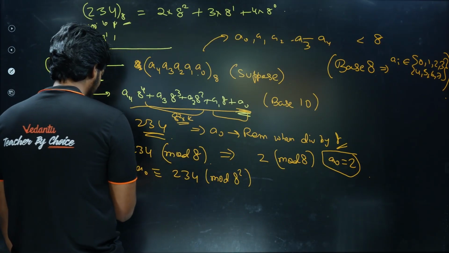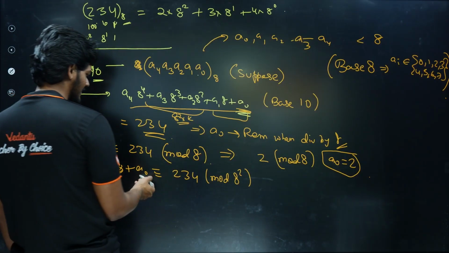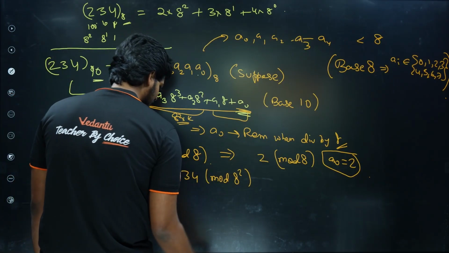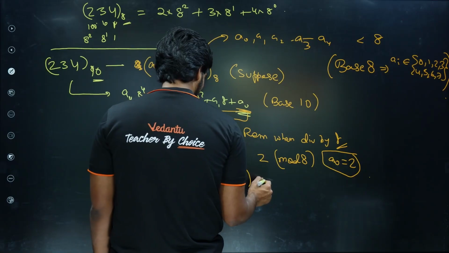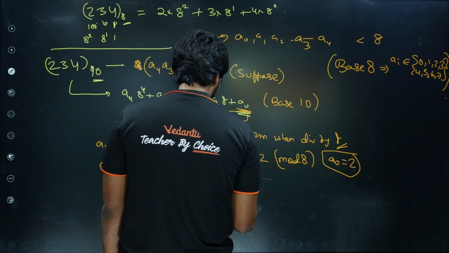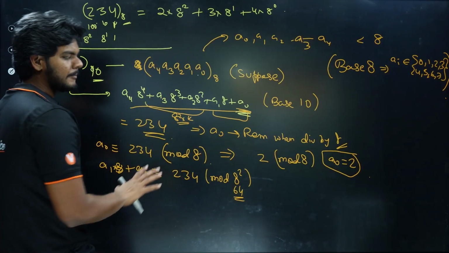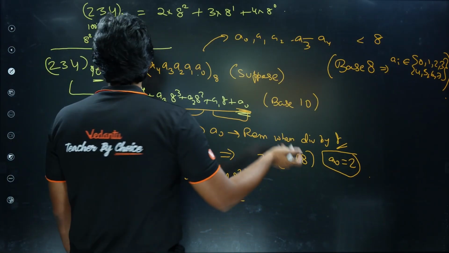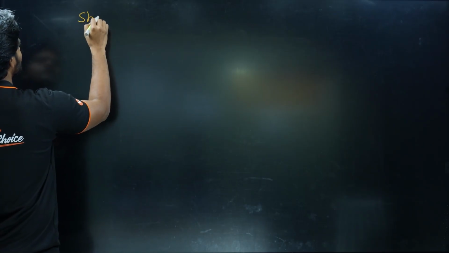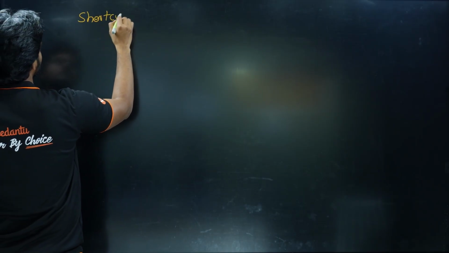So this a1 into 8 plus a0 is 234 mod 8 square, which is mod 64. So to avoid this big modular arithmetic, we have a shortcut. A shortcut, but mathematical.